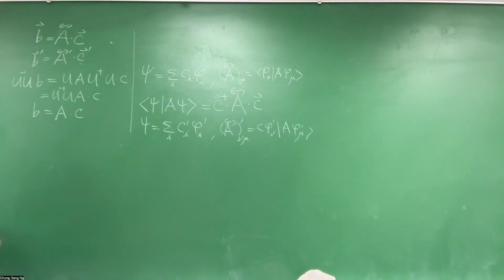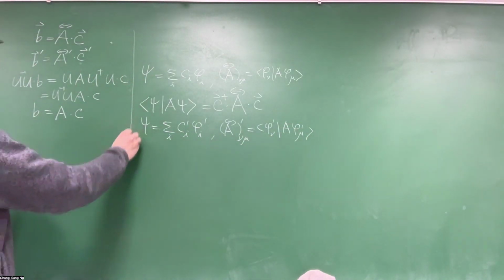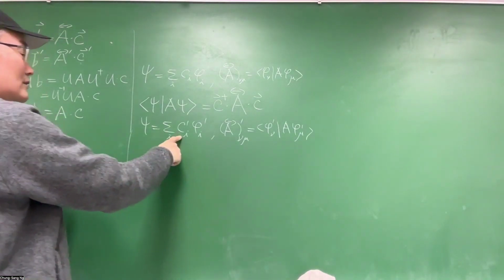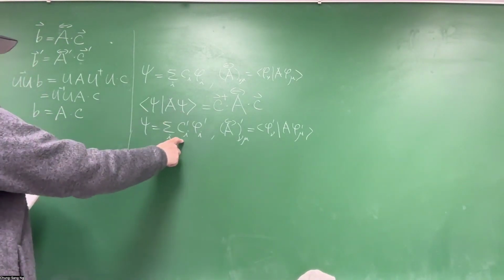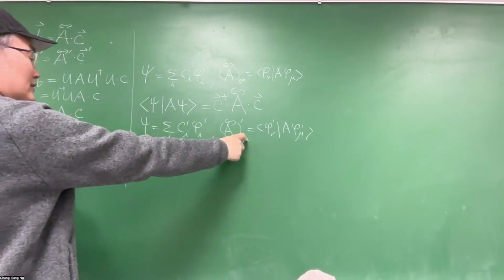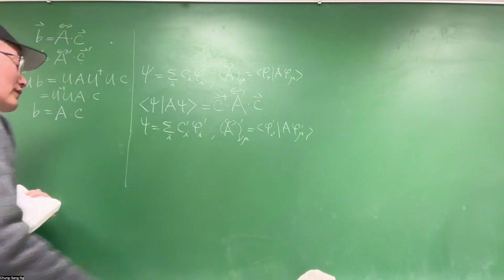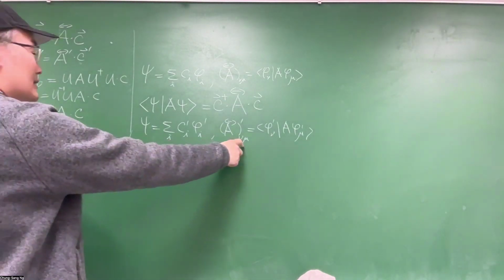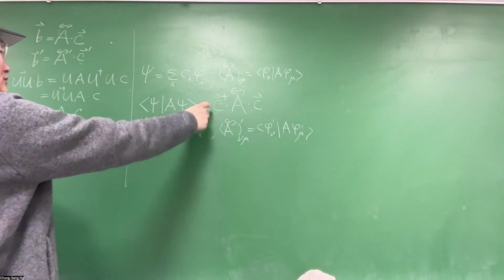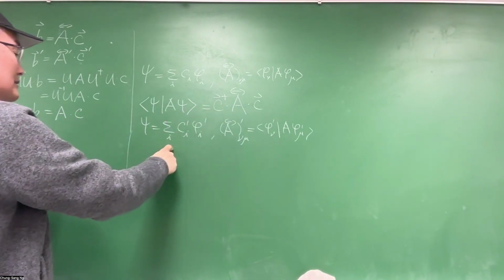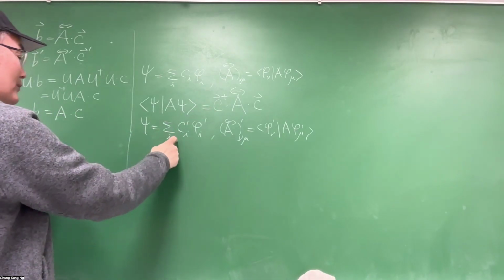Right? So in the new basis you have a new vector C prime, and then the matrix A prime with the matrix elements. And the relation between this and that is the C prime.